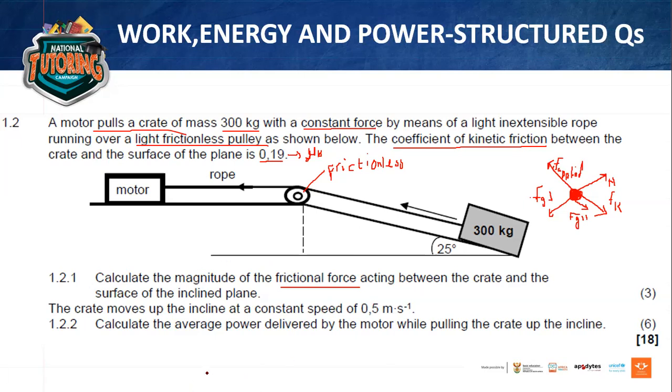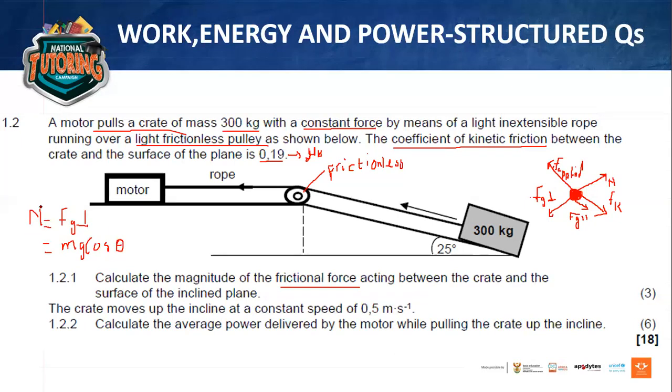Now, what do we know here, my dear learners? We know that the normal force is equal to Fg perpendicular. And on an incline, Fg perpendicular is equal to mg cos theta.